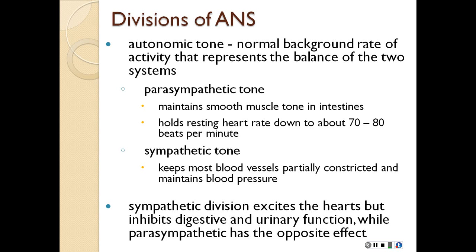Okay, and you'll see autonomic tone, again, is the normal background rate of activity that represents the balance of the two systems. For the most part, they're going to be balanced, and certain activities cause one to increase, and other activities cause the other to decrease. But when they're just balanced, that's called autonomic tone. Parasympathetic tone maintains smooth muscle tone. The smooth muscles, just like our skeletal muscles, are never just completely relaxed. There's a muscle tone, which is just a slight contraction of the muscles. So you have the same thing here, and that is the job of the parasympathetic.